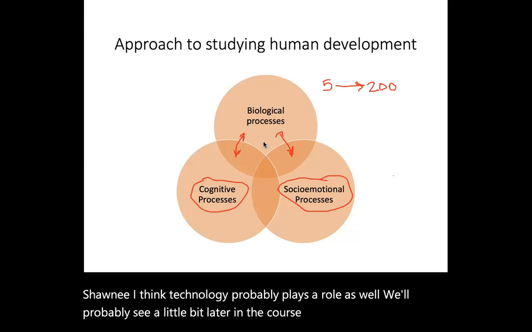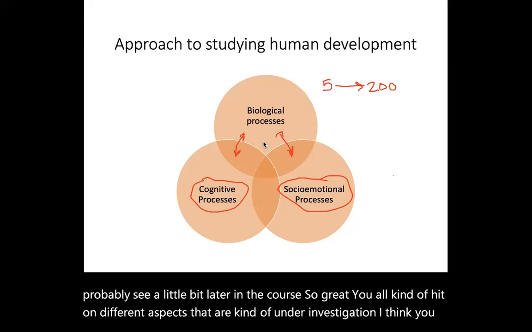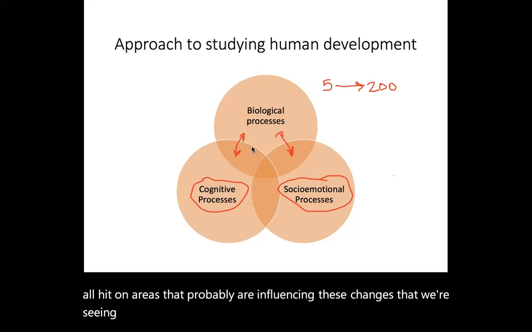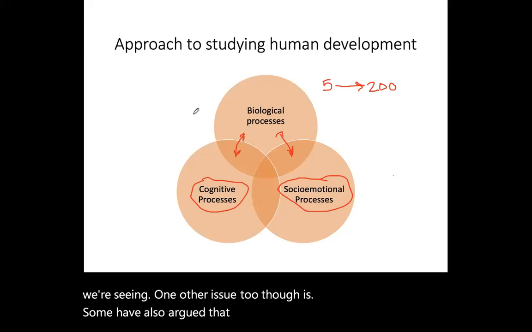So great. You all hit on different aspects that are under investigation, areas that probably are influencing these changes that we're seeing. One other issue too is some have argued that it's because of our expanded lifespan.